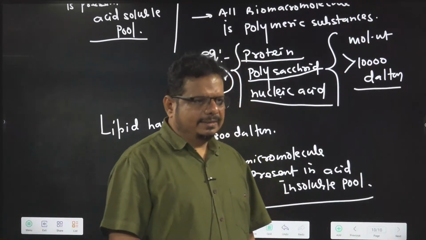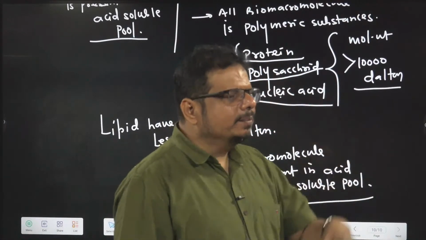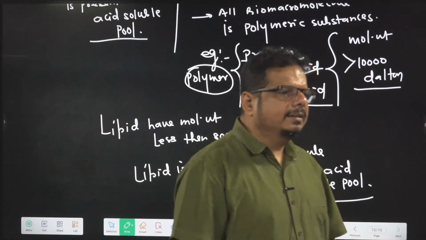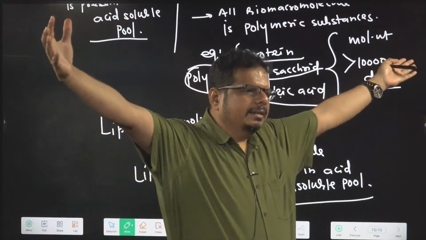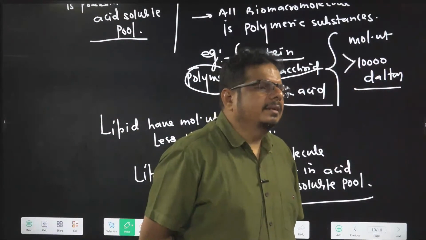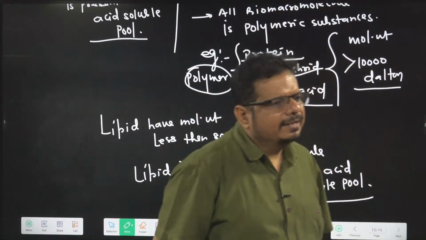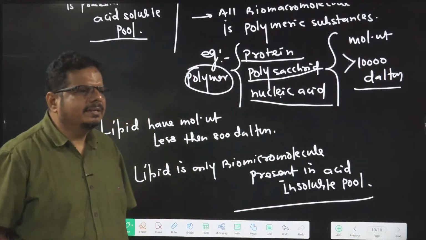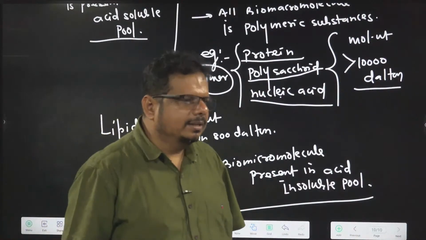Now the question arises: if lipid is small, why is it present in the acid insoluble fraction, which is for large polymers of bigger size? I can understand that they are retained because they do not pass through the filter. But lipid is small in size. So one student has given a very good answer.